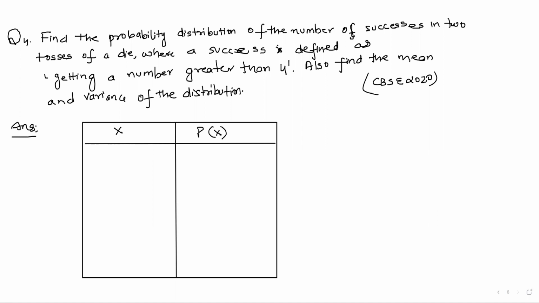Find the probability distribution of the number of successes in two tosses of a die, where a success is defined as getting a number greater than 4. Nabil, Muzaffar, anyone can tell me?